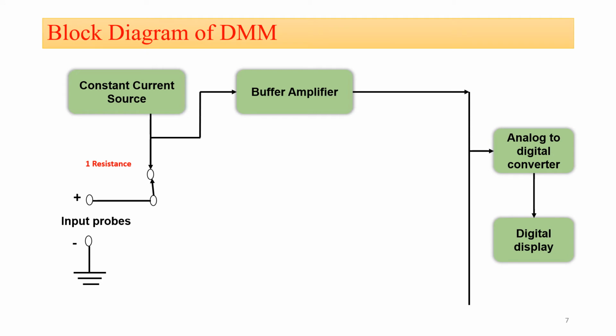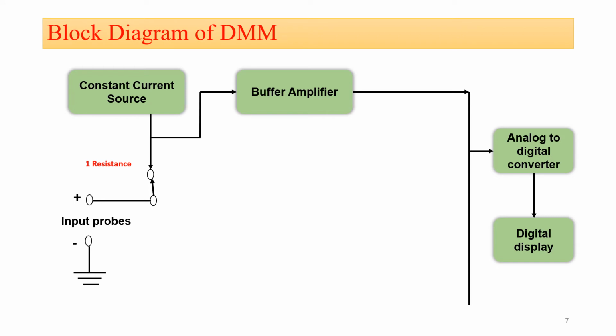First of all, the rotary switch is in position 1 and the resistance is connected to the input probes, means one terminal of the resistance is connected with the negative terminal of our probe, and the other terminal of the resistance is connected with the positive probe.